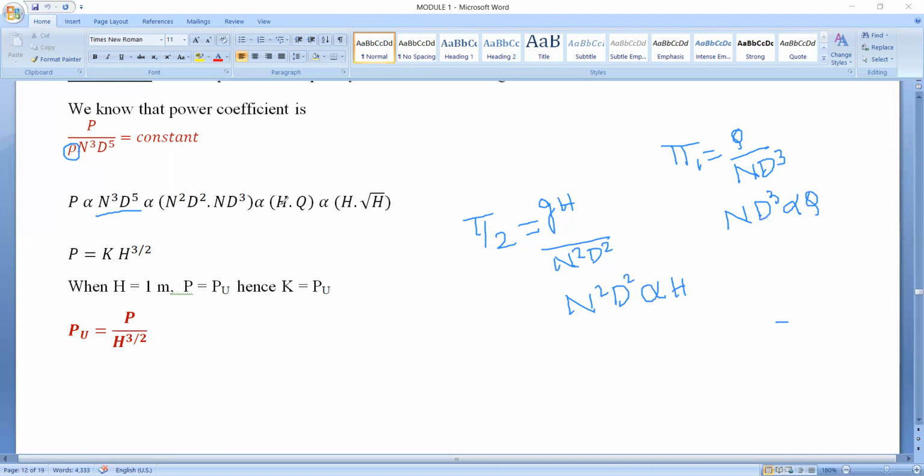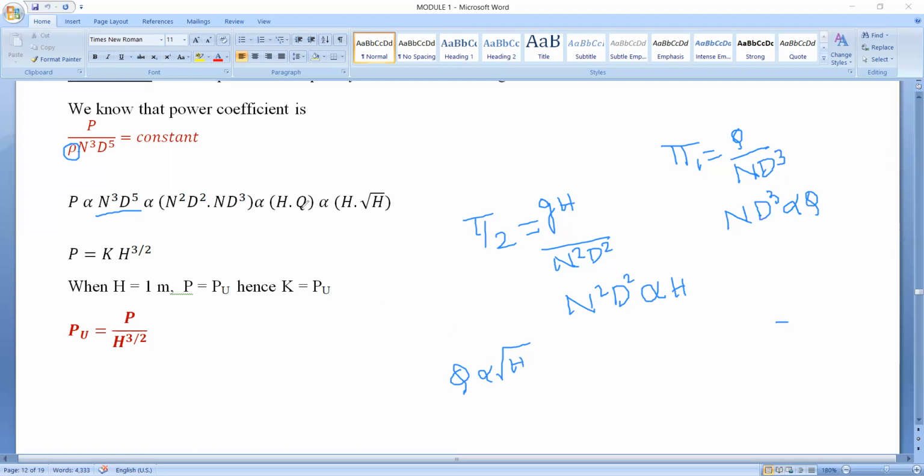Now here h as it is, and what about q? Just now we have seen, while deriving the equation for the unit flow, I have written q as proportional to root h. Just rewind the video and you can follow the unit flow concept, how I have written q is proportional to root h.